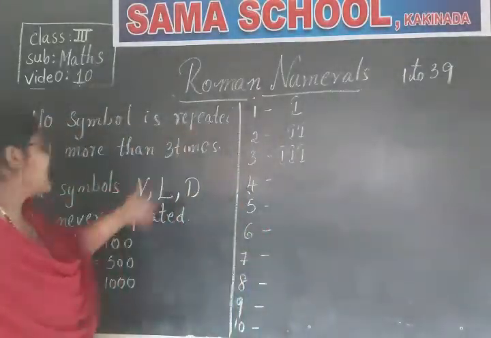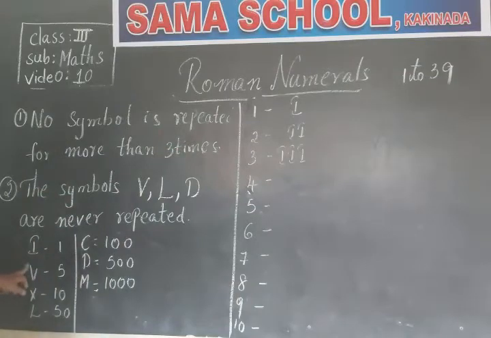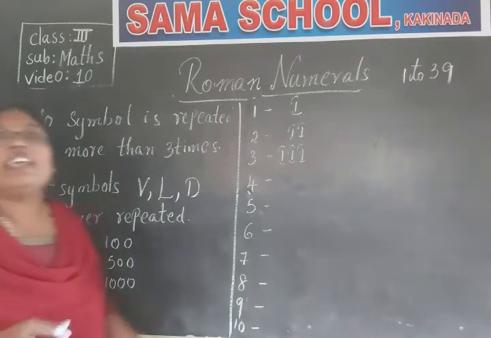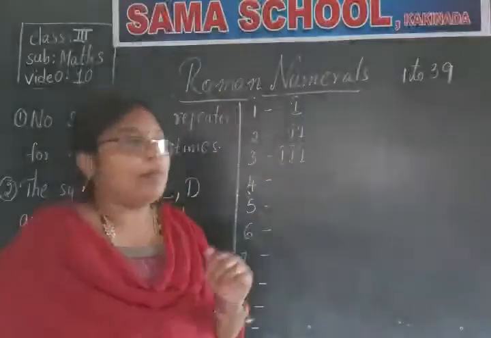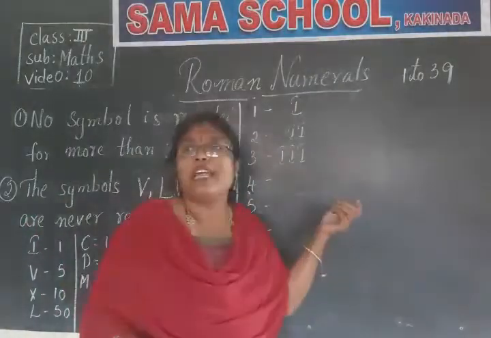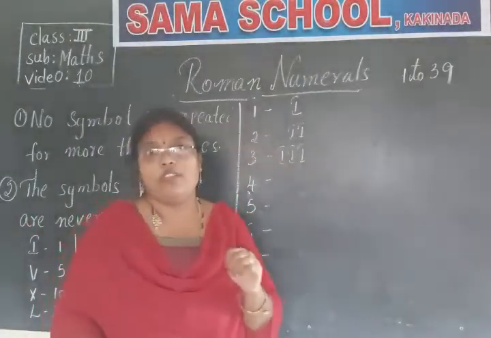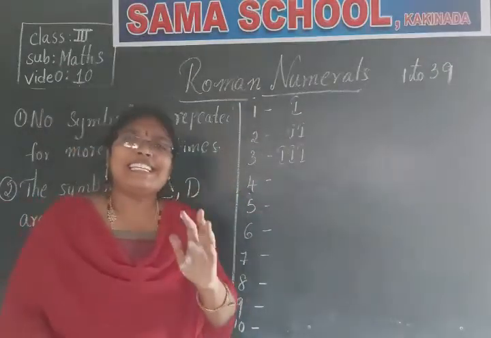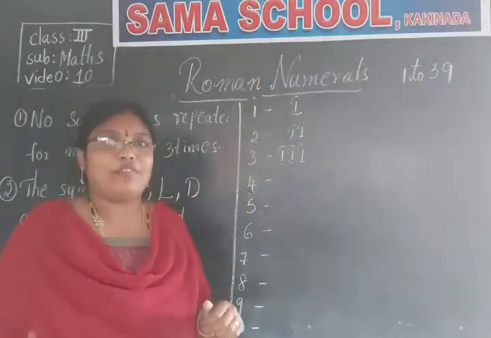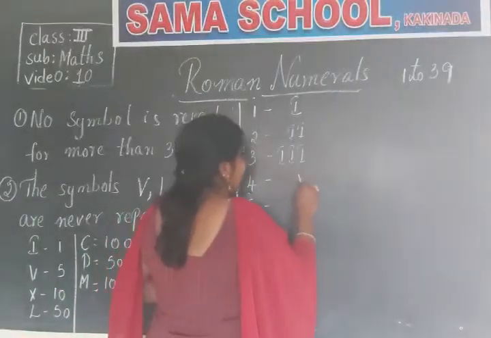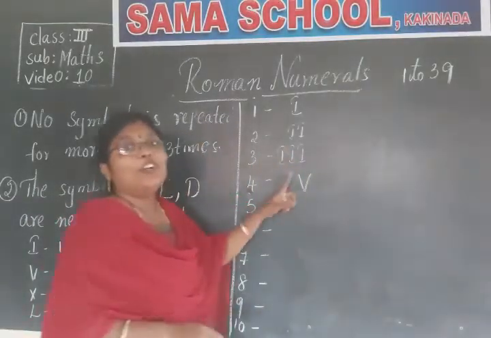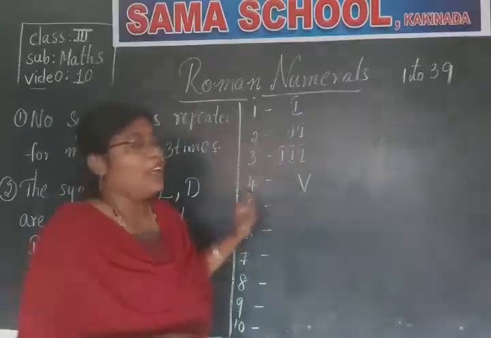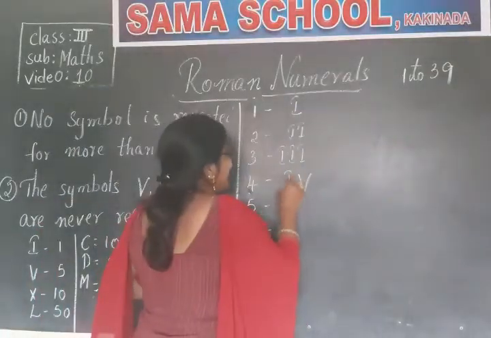What is the next symbol after I? It is V. And V is for 5. But actually we have to write number 4. Then, how to write? Just less 1 from 5. That is, write V and to the left of V you have to write I.